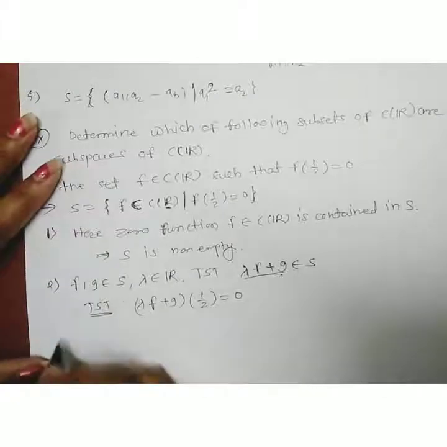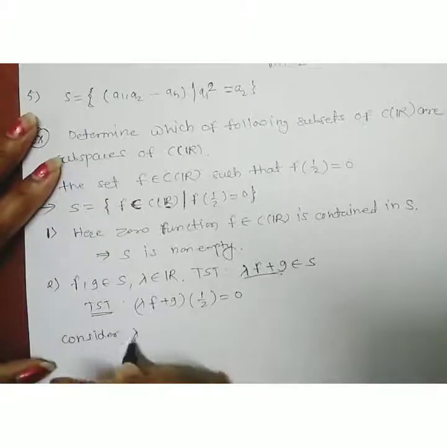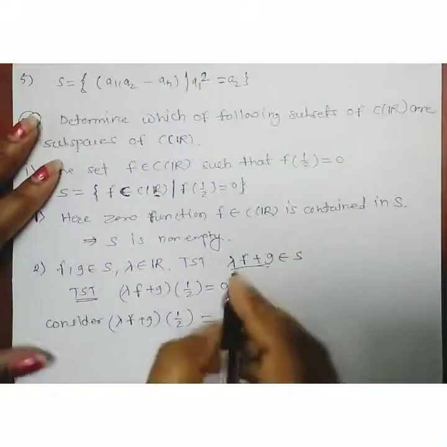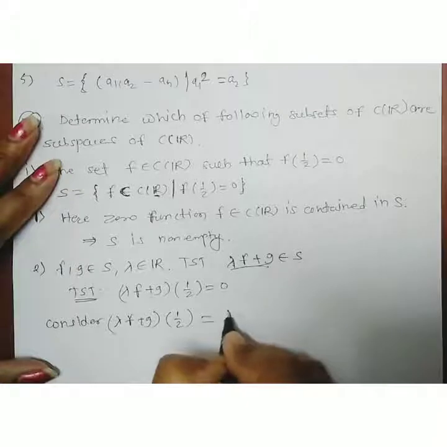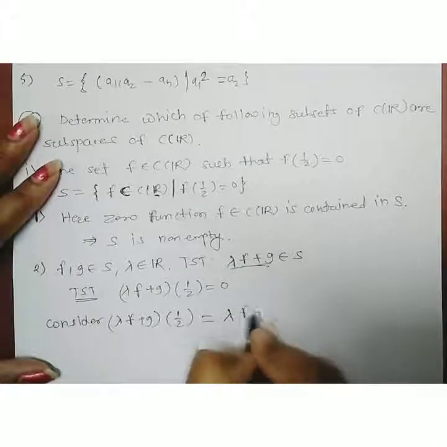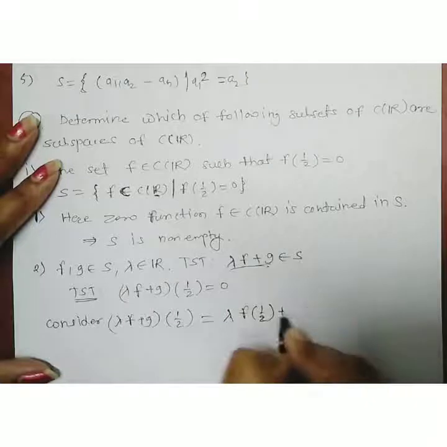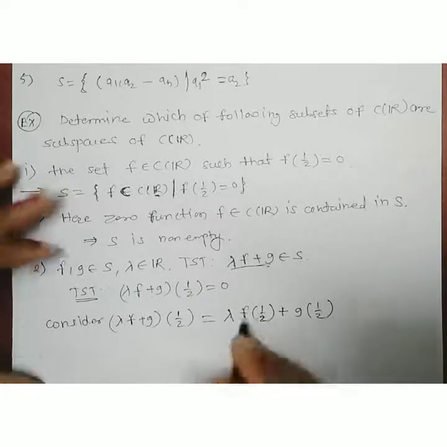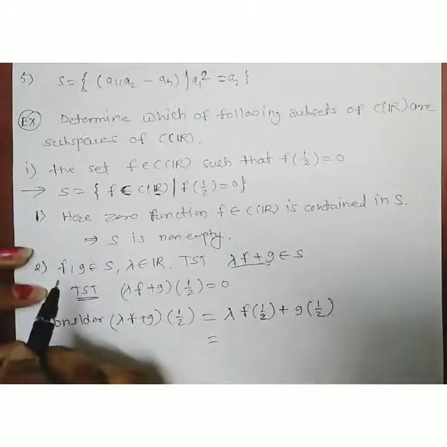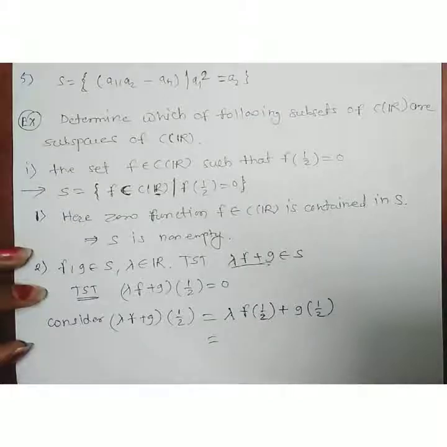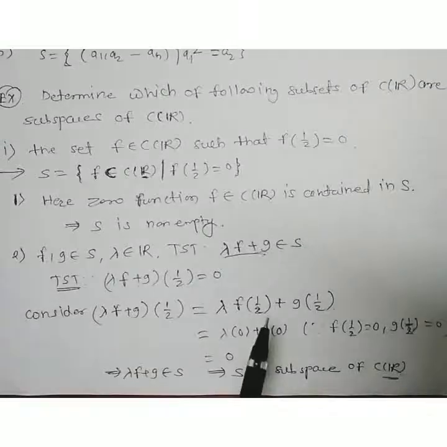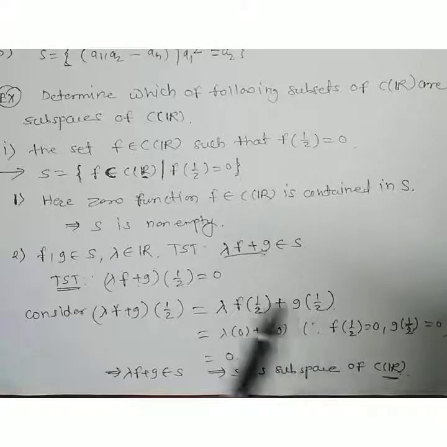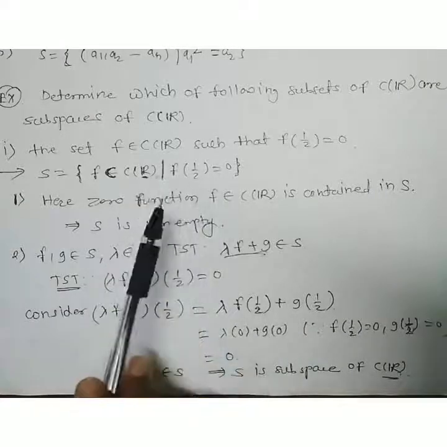For this, consider lambda f plus g operating on 1/2, which is equal to lambda times f of 1/2 plus g of 1/2. Now look here: f and g belong to S, and S consists of all those elements such that f of 1/2 is equal to 0.